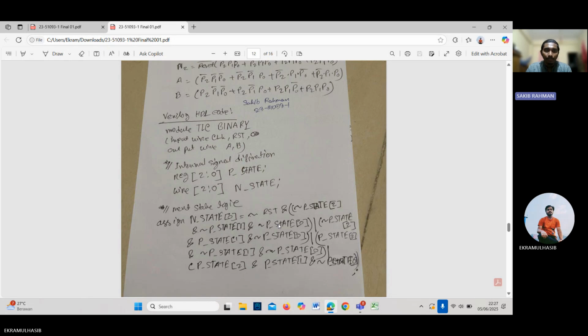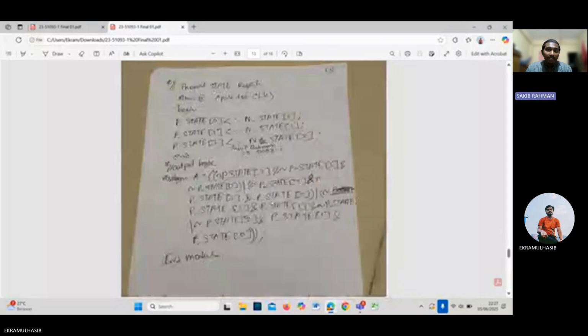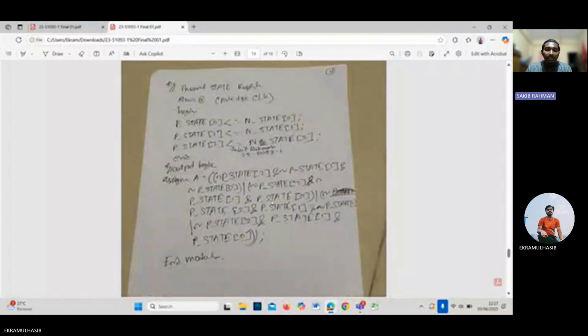In the present state, always at the positive edge of the clock, P state 0, P state 1, and P state 2 are assigned from N state 0, N state 1 and N state 2. In the end, the output logic is assigned for A, and the output logic is assigned for B. That's how I ended question number 3 with endmodule.